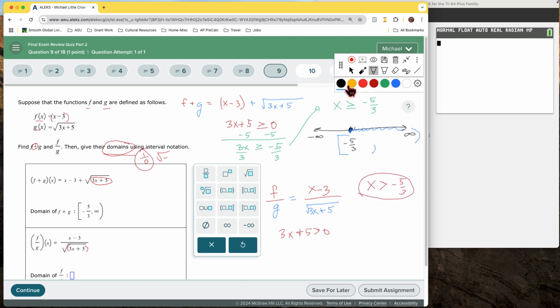The only difference in the interval, as you're going to see, is that it's just going to have a parentheses on the left side instead of a bracket, because in this case, negative 5/3 is not included. Positive infinity here. So when we go to do this one, we have to have a parentheses here.